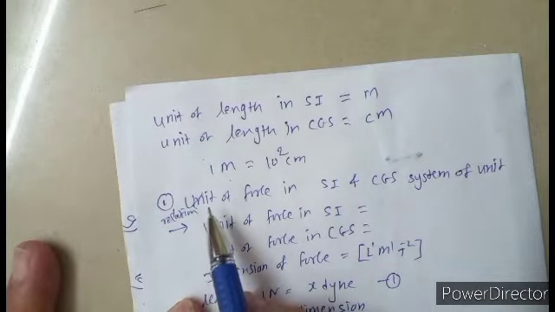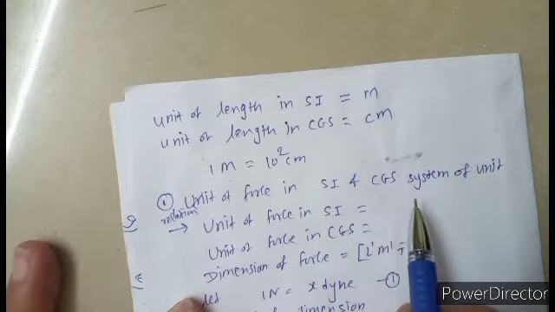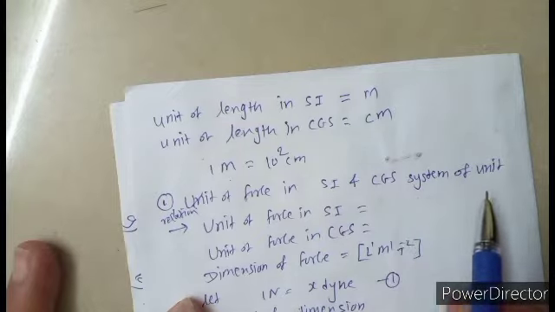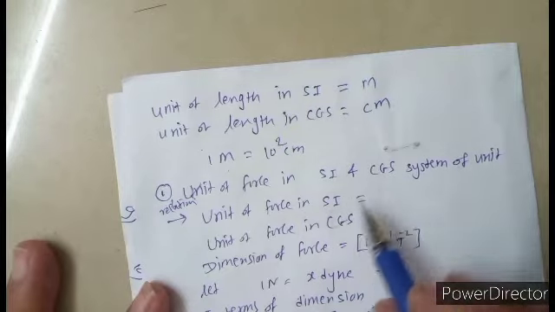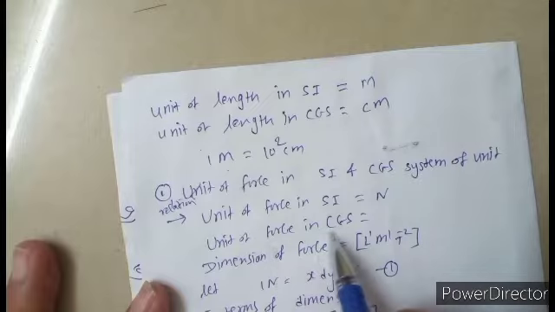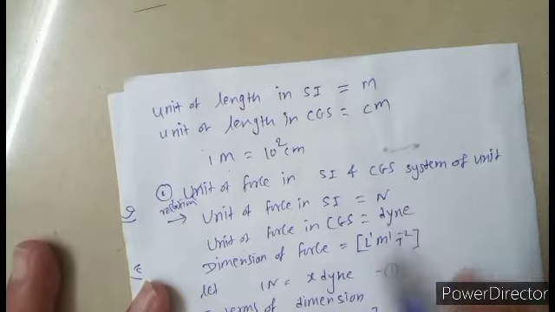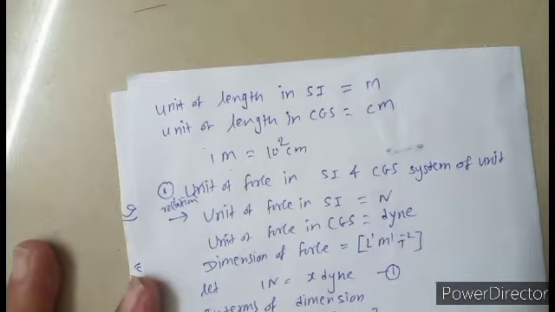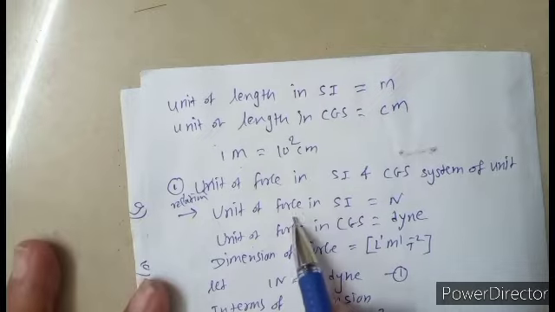To find a relation between units of force in SI and CGS system of units. So unit of force in SI system is Newton. Unit of force in CGS system is Dyne. We require the dimension of a force. We are saying the quantity as a physical quantity as a force.